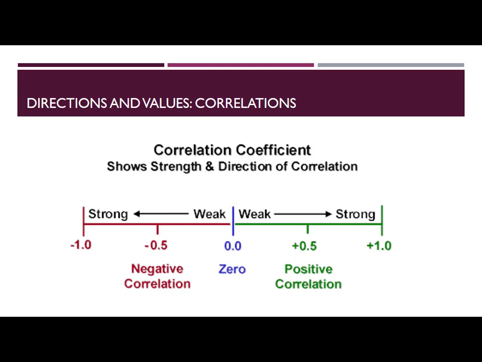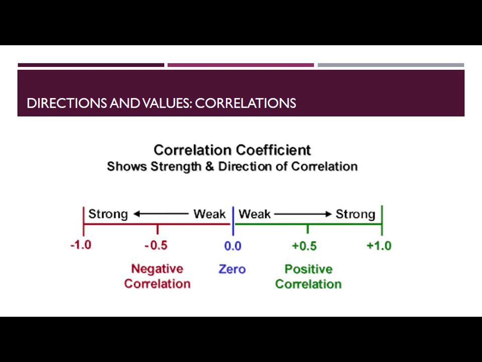If you have a negative 1.54 or a positive 1.54, it's kind of a nonsense number, because as far as you can go one way or the other is a 1. So anytime you see that, you can kind of be resting assured that it is not the correct answer. It's just not there if you're dealing with correlation coefficients.